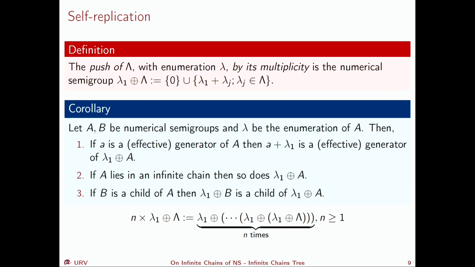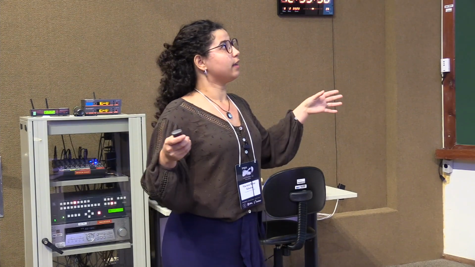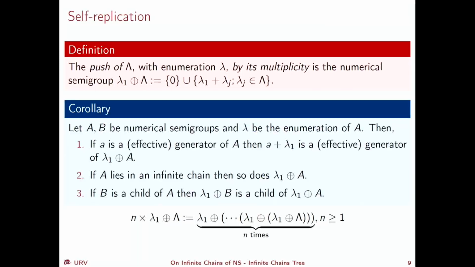We define the push of a numerical semigroup by its multiplicity as: I just add the multiplicity to all elements, and I union 0. With that push, it's interesting, and I hope to explore more because it has other properties.